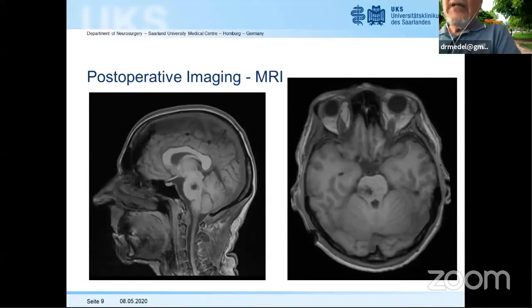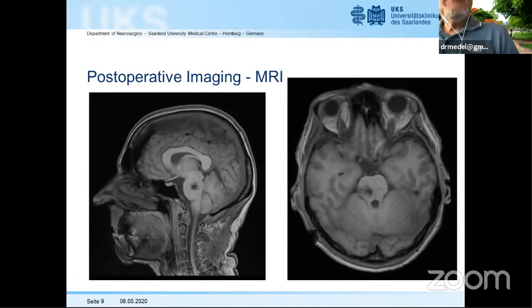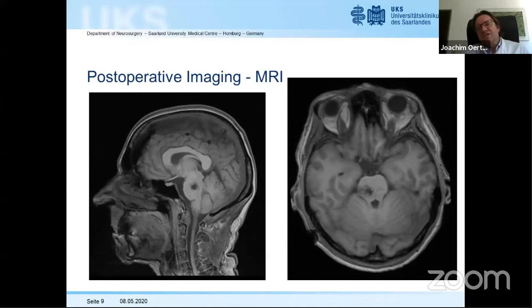My question is, did you consider endoscopy only in this case? Well, endoscopy only, the thing is, in the beginning you're not sure what you really have to expect. I think endoscopy only in the lateral skull base, we only do in microvascular decompression.